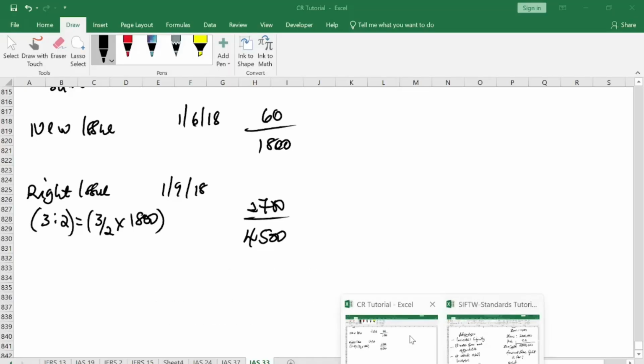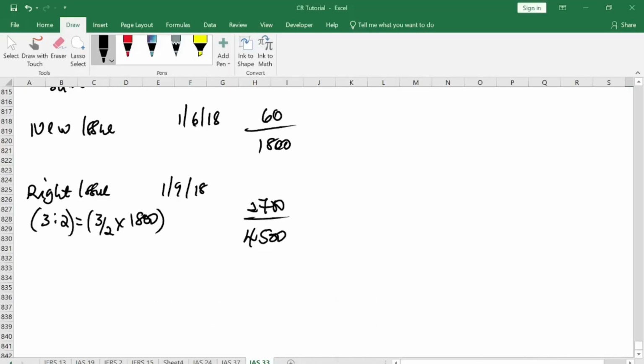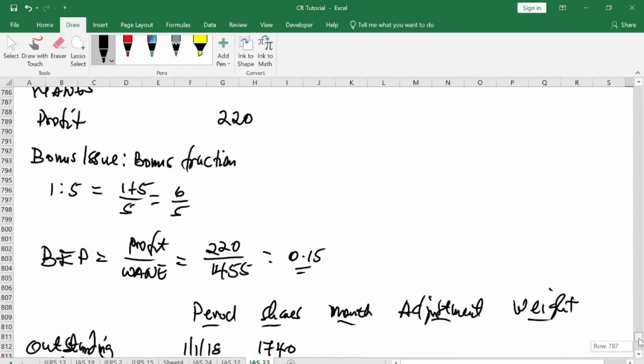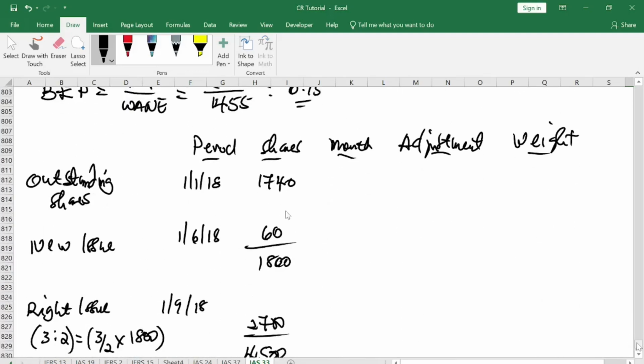Then let us do the apportionment of the months. From 1st January to 1st June is 5 months, so 5 over 12.